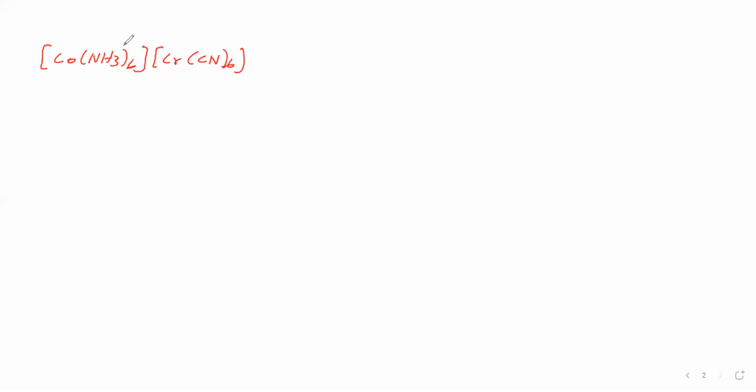That means one is cation, another one is anion. Which one is cation, which one is anion? How to know it? For that, we will take cobalt.